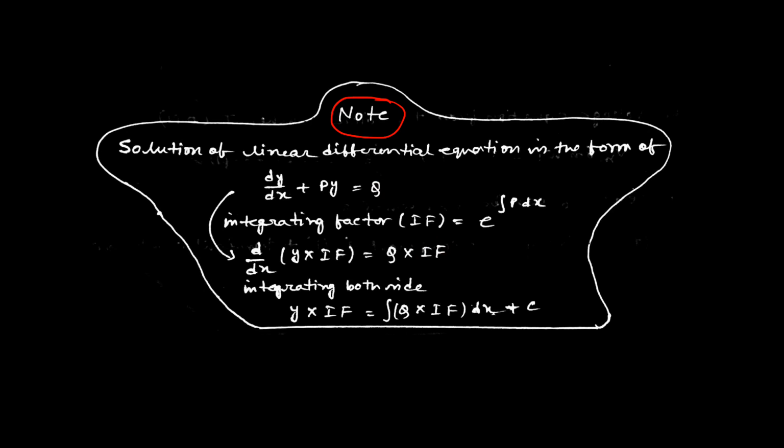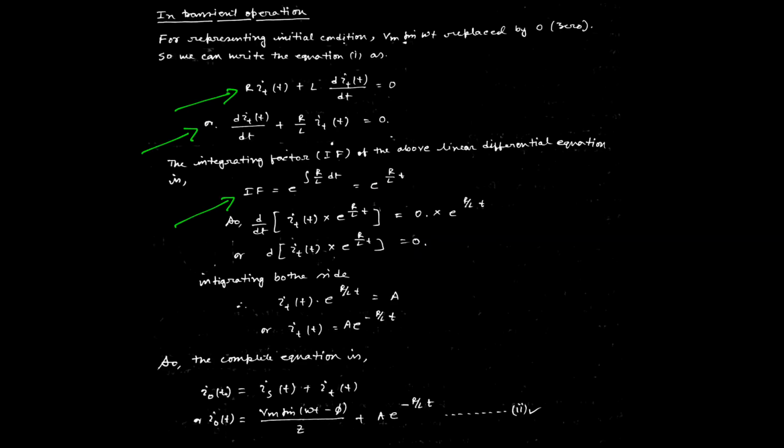Similarly, from this linear differential equation, we can write the term p as R by L, so the integrating factor equal to e to the power integration of R by L dt, that is equal to e to the power R by L t after integrating.